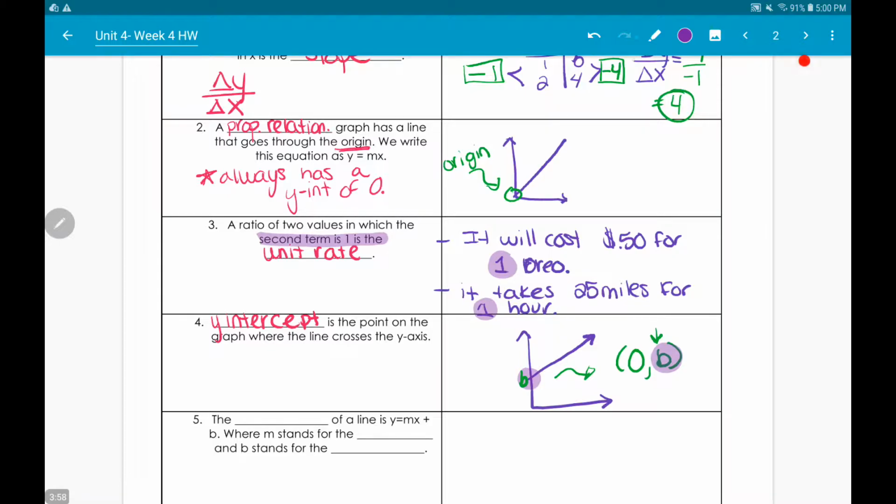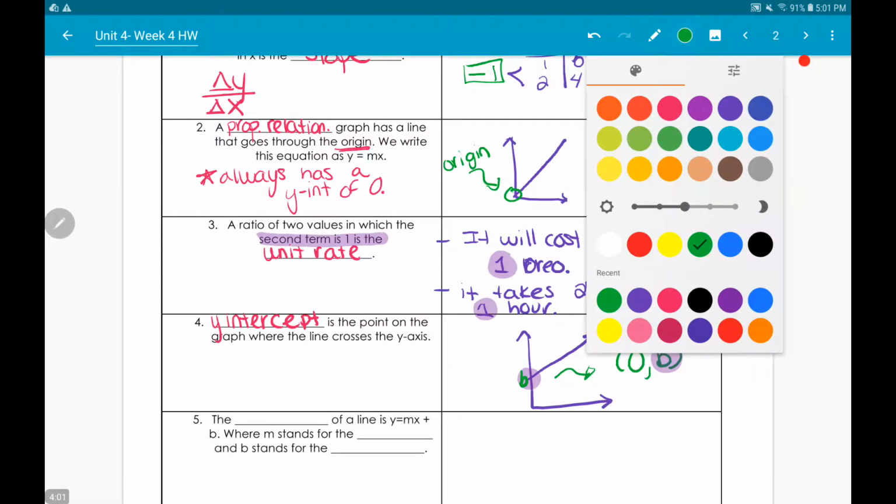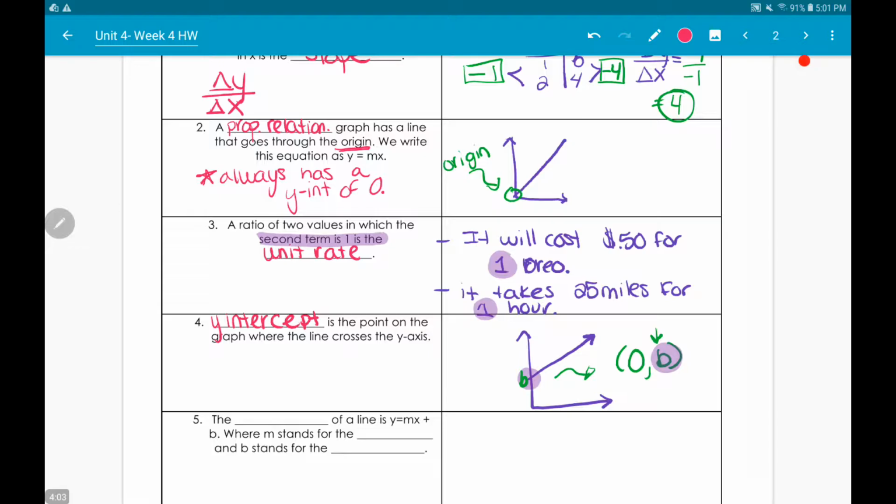Okay, and lastly, number 5, there's only one word left. So we know what that first blank is going to be. The slope-intercept form of a line is y equals mx plus b. Now there's two more blanks, and we already used these words. M stands for the slope, and b stands for the y-intercept.